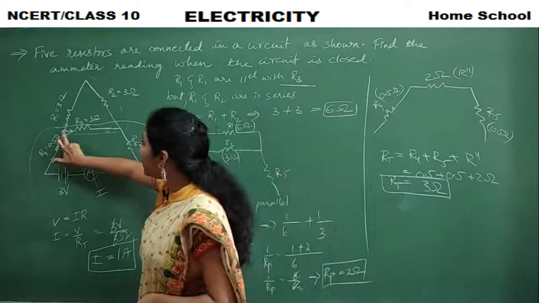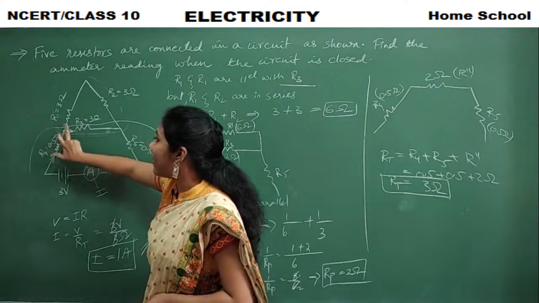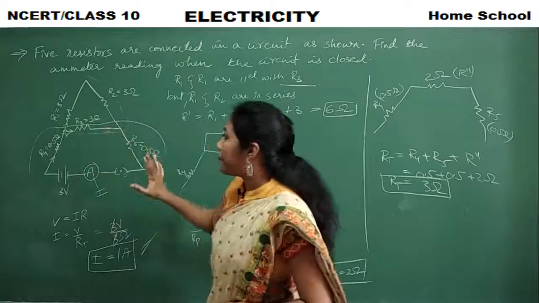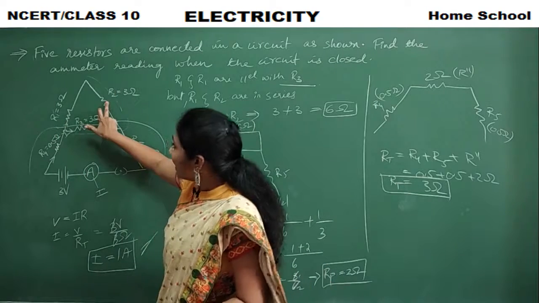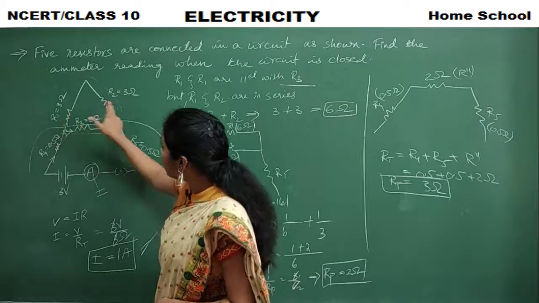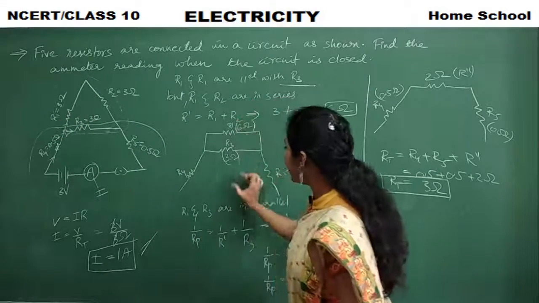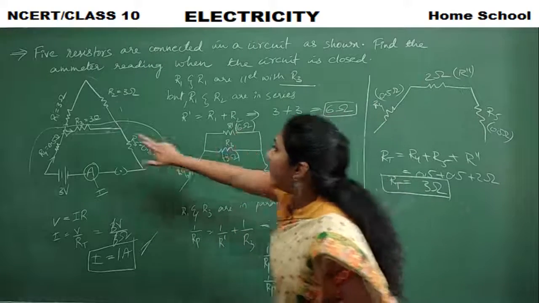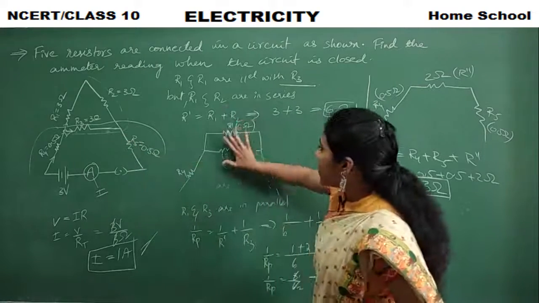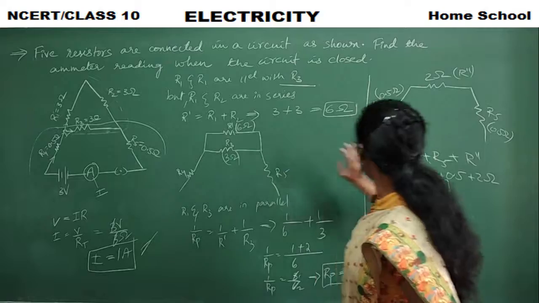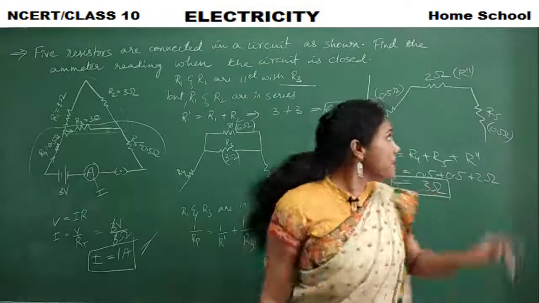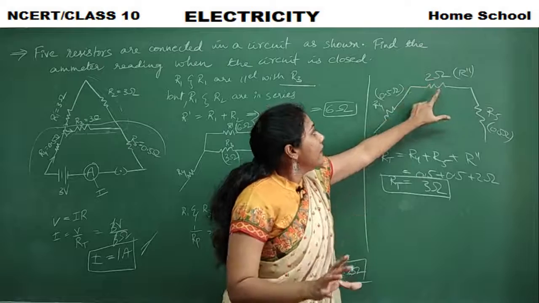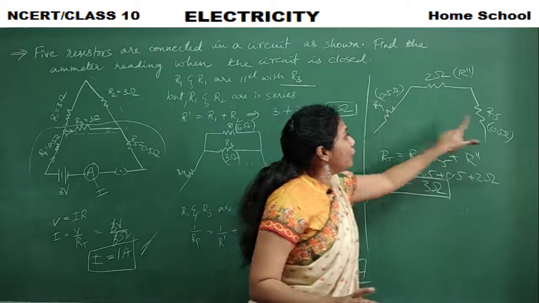So at this point we all know a circuit is divided, right? So this part is one thing, this part is one thing, but these two are again in series, and that is what we considered as R dash, and that R dash is parallel with R3. So this part we have finished, and we combined this and we got 2 ohms, and now that whole triangle part is in series with R4 and R5.